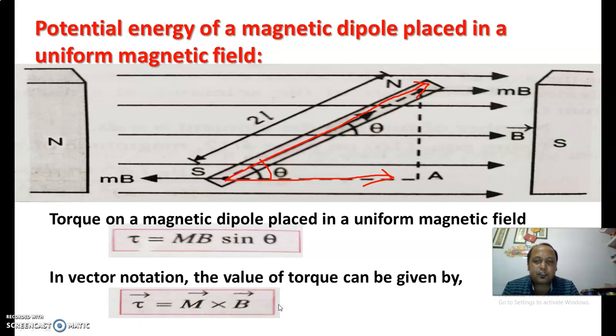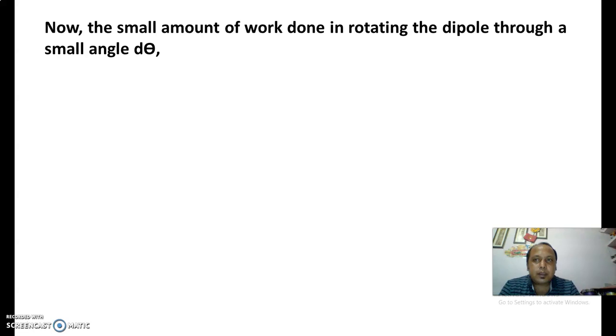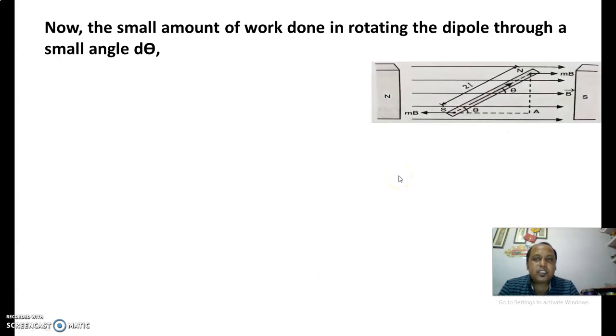Now on the basis of torque, we are going to calculate the value of work done. To understand the concept of work done, we always use a similar method: first finding the small work done to rotate the dipole by a small angle d theta.